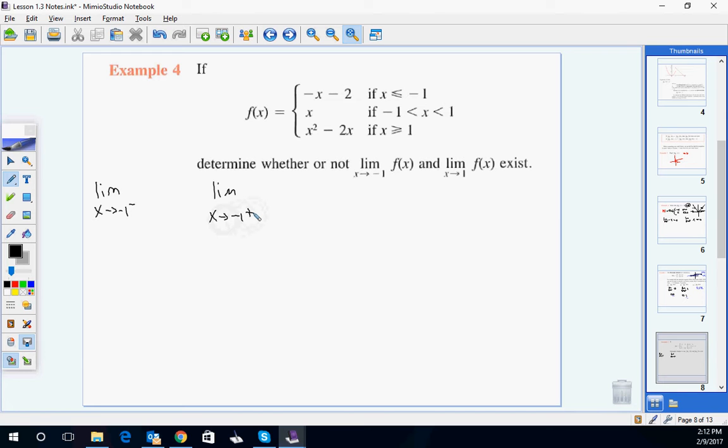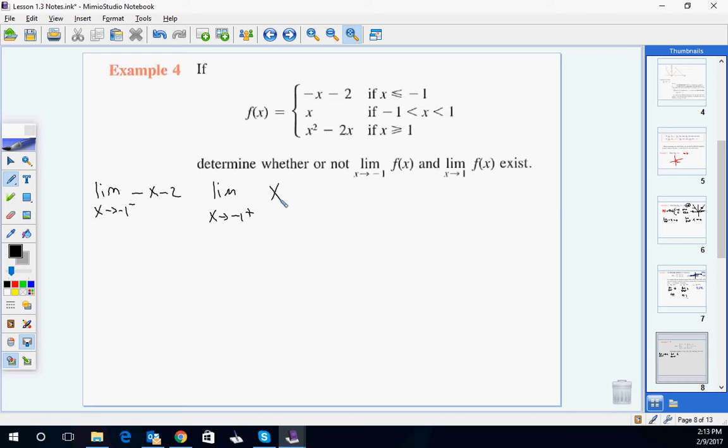I have to look at the graph there, and see left of negative 1 would be which function of my 3? The top one, right? Negative x minus 2 is less than negative 1, so that's the left. Okay? Good? And to the right, which one would I use? This one, right? Because this one's the section to the right of it, so I'd use x.